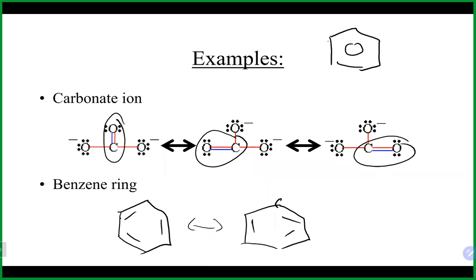There's actually a carbon at each of these points, and a hydrogen attached to each of those carbons. That's an organic molecule. If you take organic chemistry eventually, you'll draw a lot of benzene rings. We don't really do too much with it, but sometimes they use it as an example of resonance structures.